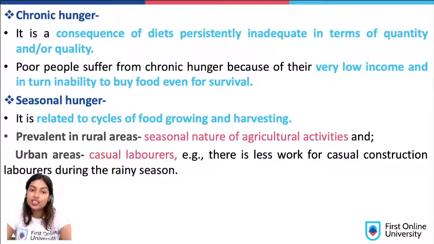Also in urban areas, casual laborers undergo this kind of hunger. Let's take an example. Suppose there is construction activity happening. Once the construction is happening and it starts to rain, it becomes very tough for the laborers to work, except when it is for the curing time, it does not matter.